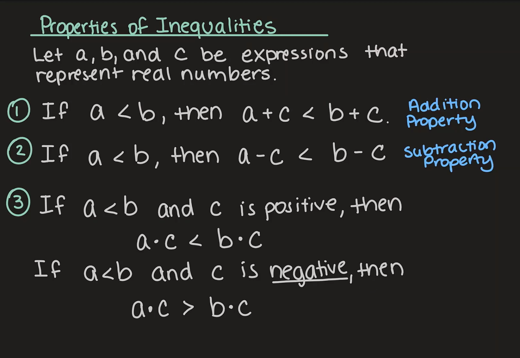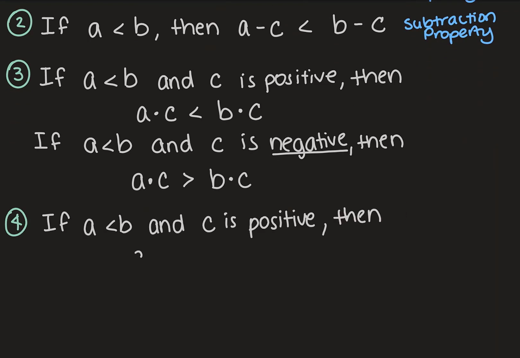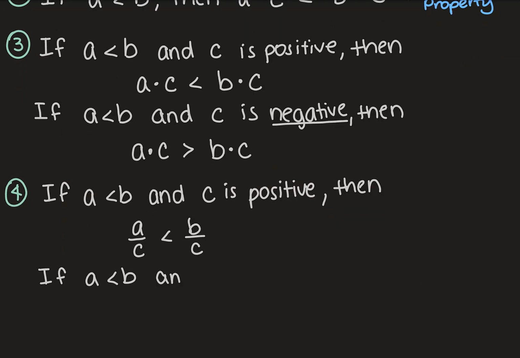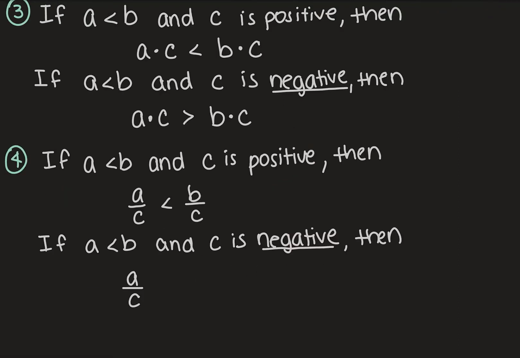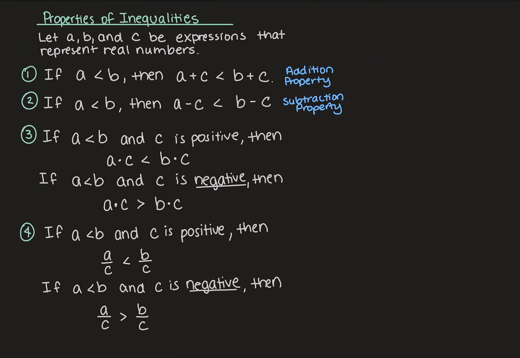This will also be true for the next property. So if A is less than B and C is positive, then A divided by C is also less than B divided by C. But if we have A is less than B and C is negative, then A divided by C is greater than B divided by C. Again, you will have to reverse the inequality symbol whenever you're dividing both sides by a negative.